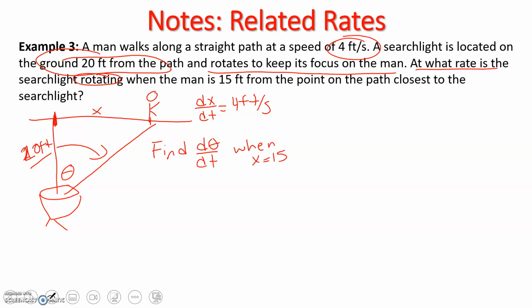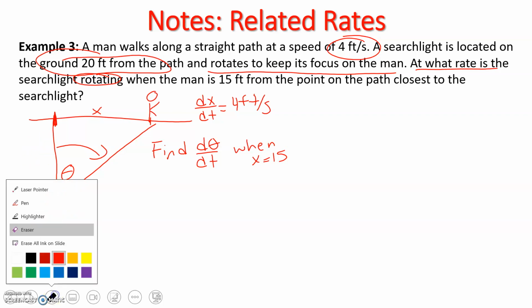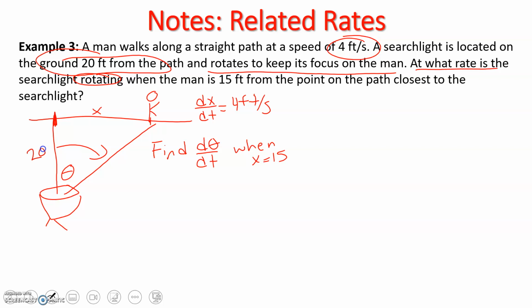So we need an equation that relates theta and x and 20. So using our trigonometry knowledge, we know that theta is opposite x and adjacent to 20. So we get that tangent of theta is equal to x over 20.